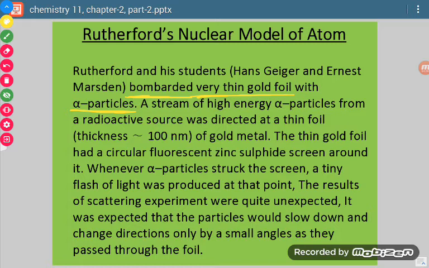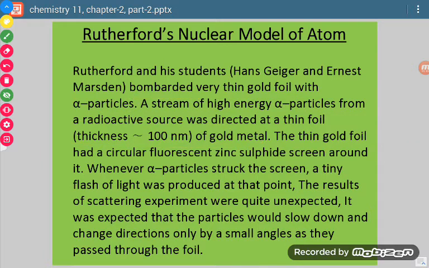This gold foil was about 100 nanometer thick. 100 nanometer means 100 multiplied by 10 raised to power minus 9 meter. This is very less thickness.